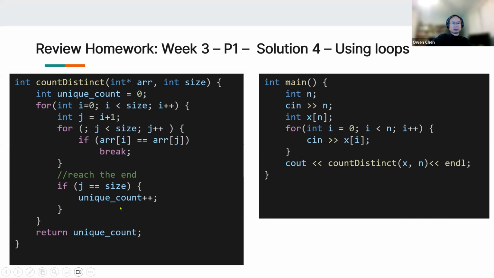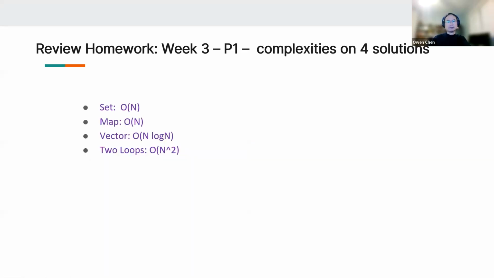So this is using two loops to count the distinct unique values. This is probably not very efficient since we are just using a regular array, but it is probably the most intuitive if you have not learned other data structures.